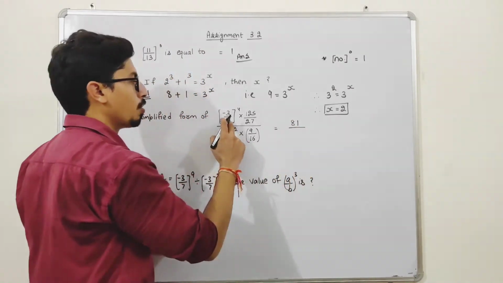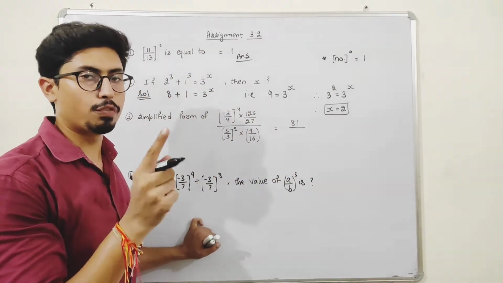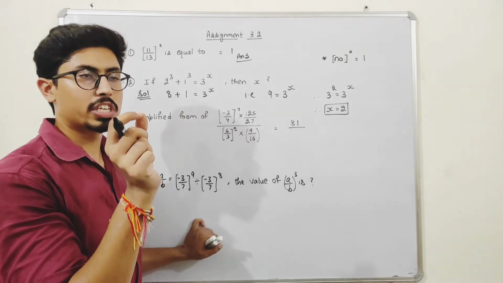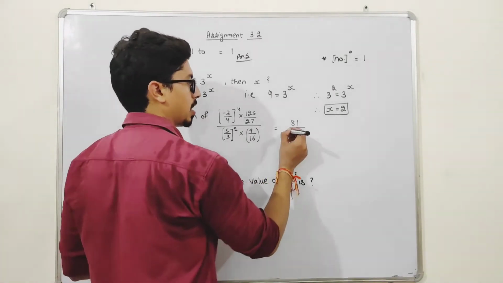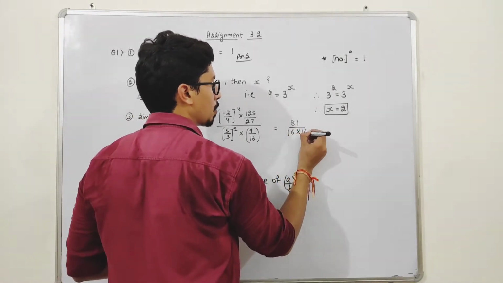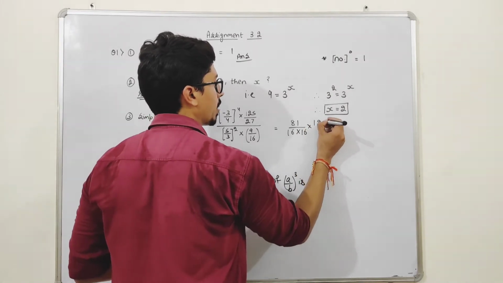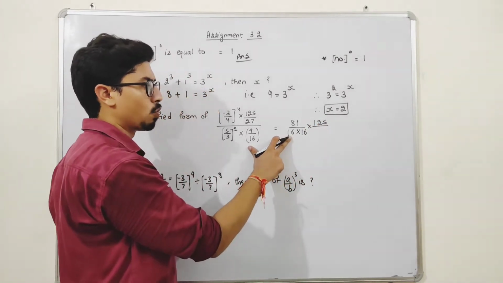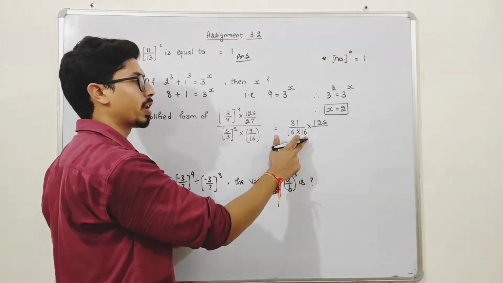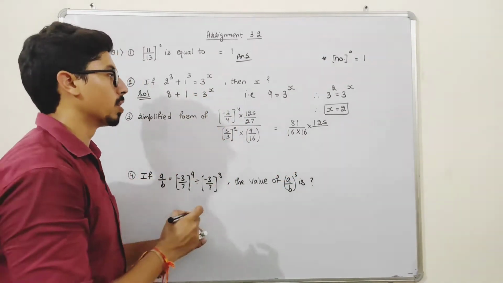Upon 4 raised to the power 4, that is 4 into 4, 16, and another 16. I can write it as 4 square and 4 square, because the numbers will get cancelled out later. 4 square into 4 square will be 4 raised to the power 4.